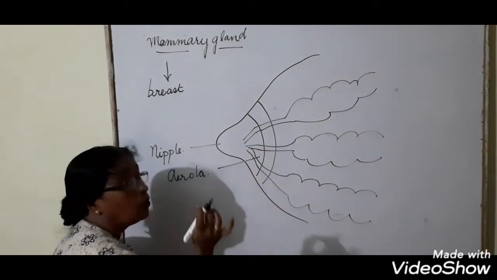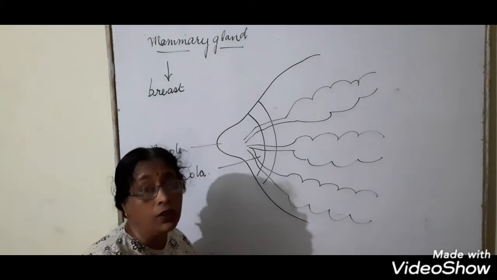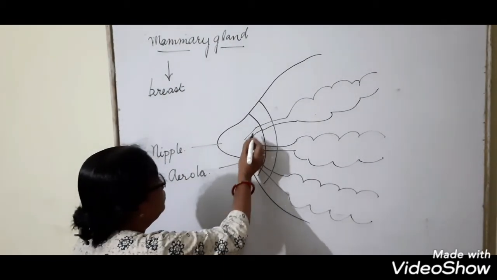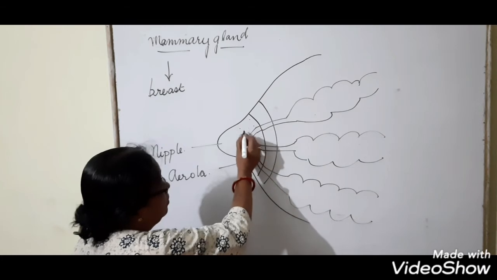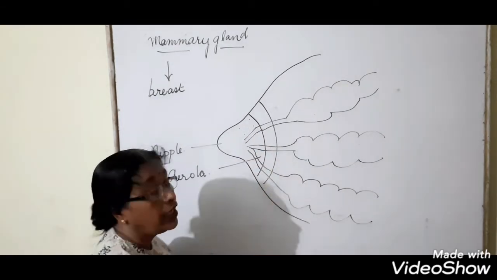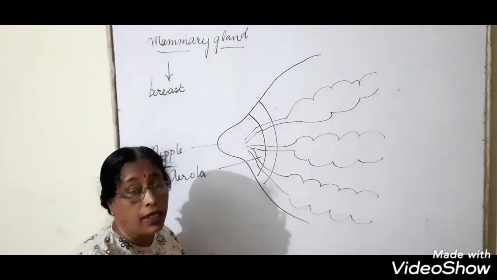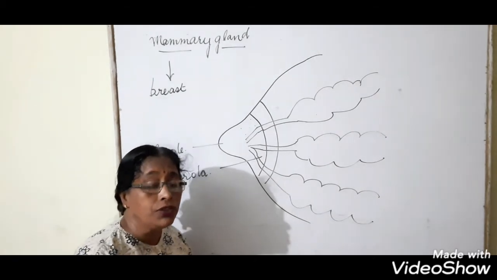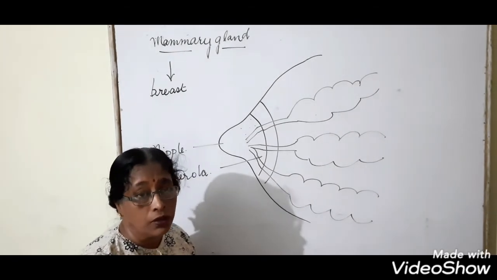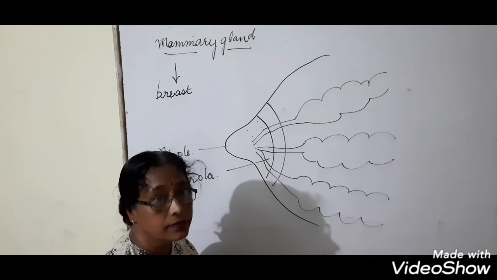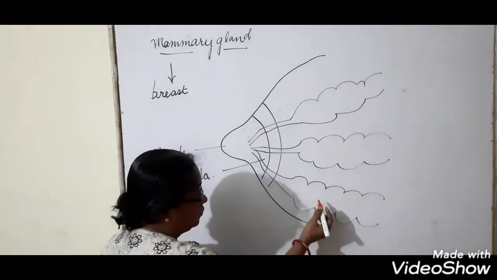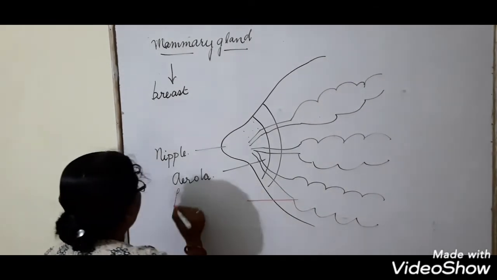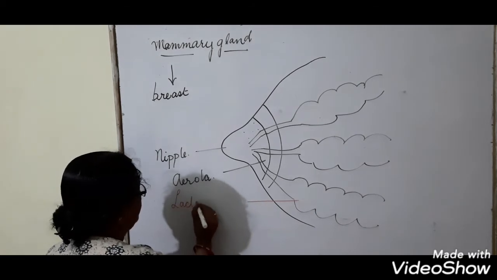There are different pores in the areolar region to secrete milk. The function of the lactiferous gland is to secrete milk which nourishes the newborn.